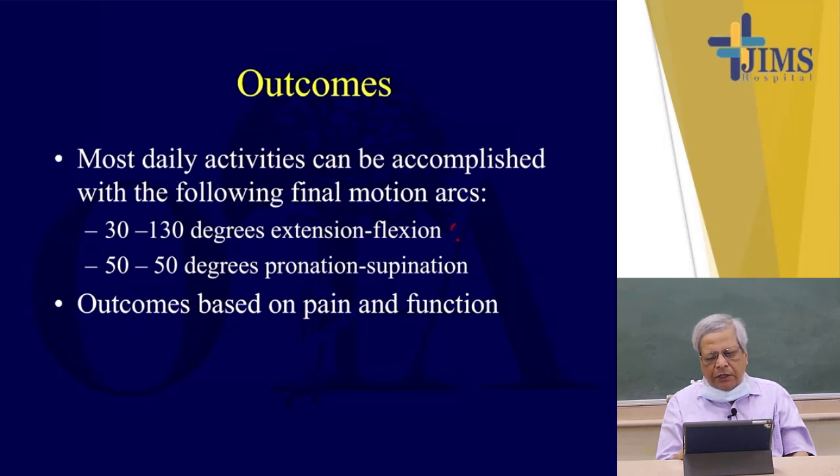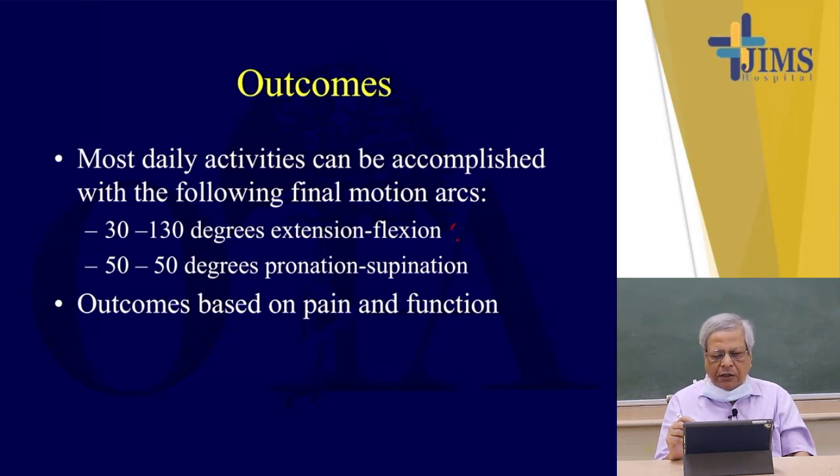Well, it's very unusual to get back 100% movement for these extensive intra-articular fractures. But most of these patients get back this 30 to 130 degrees of extension and flexion, which is called the functional arc.